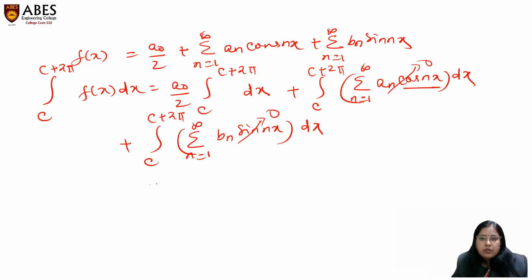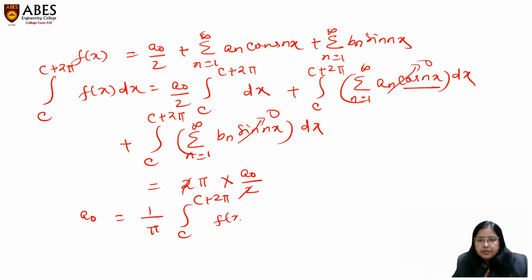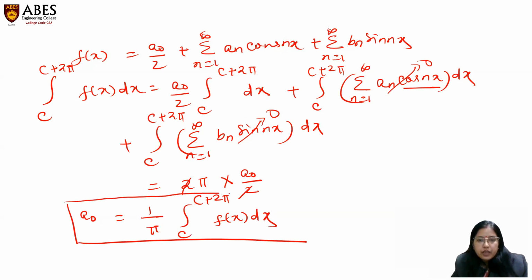So we are getting 2 pi, that is x upper limit minus lower limit, into a0 by 2. So a0 is 1 by pi integral c to c plus 2 pi f(x) dx. This is the constant term of the Fourier coefficients. We are getting the value of a0.